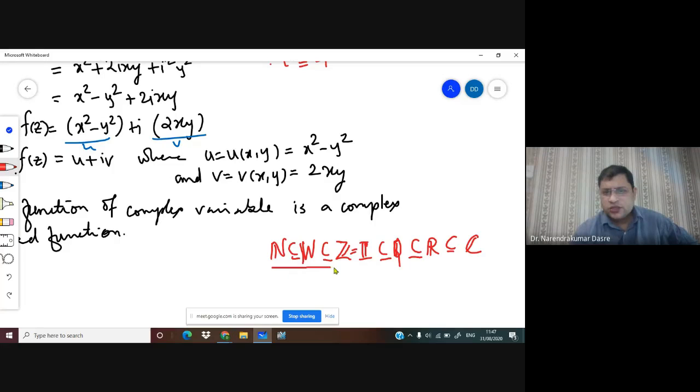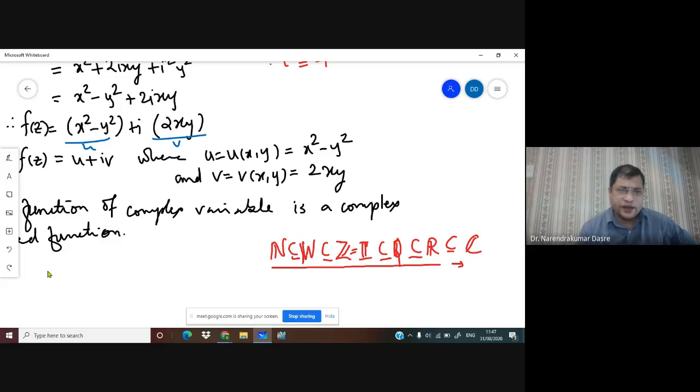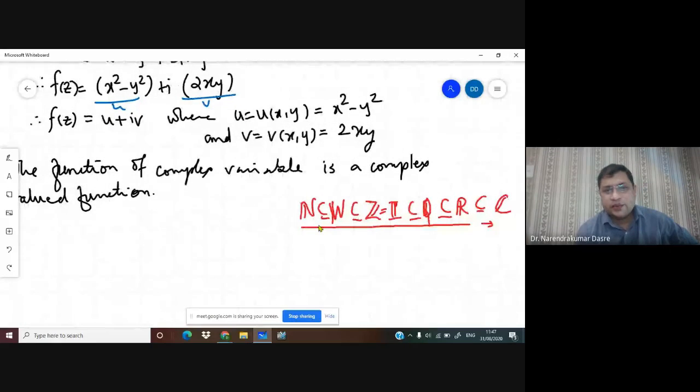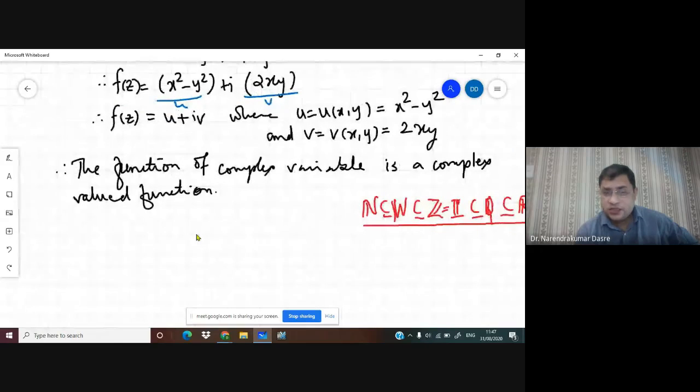So anything that goes in this category is always a complex number. So basically we can conclude that everything is a complex number, only that sometimes we do not care about the imaginary part.